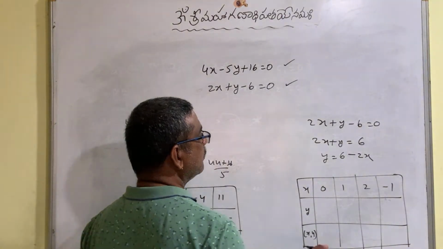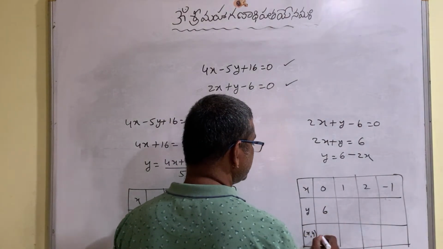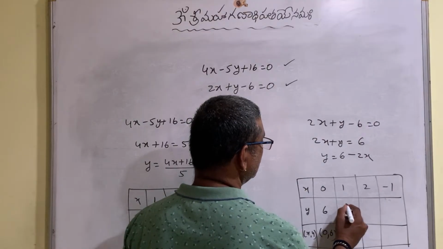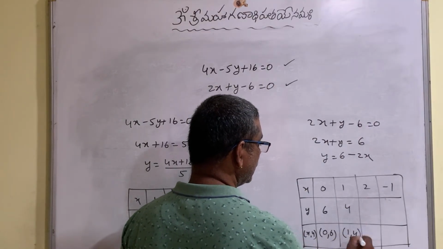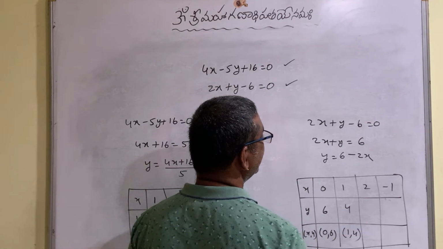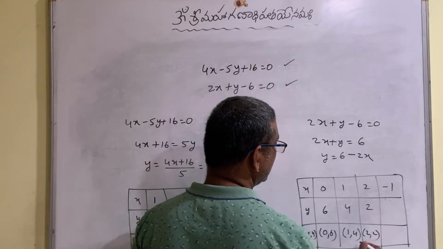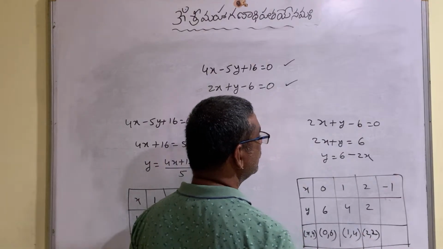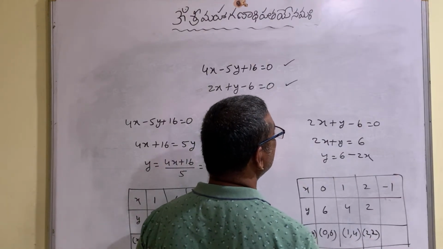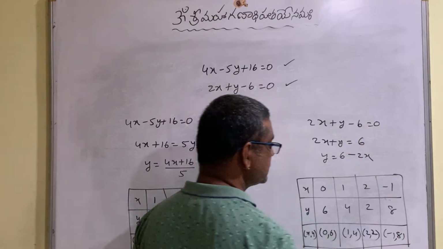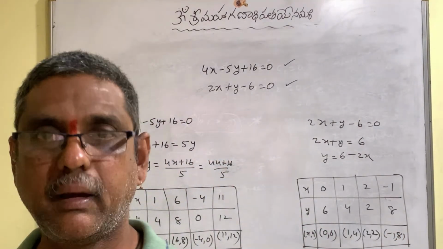If x is 0, y becomes 6: (0, 6). If x is 1, it becomes 4: (1, 4). x is 2, y becomes 2: (2, 2). x is negative 1, y is 8: (negative 1, 8).